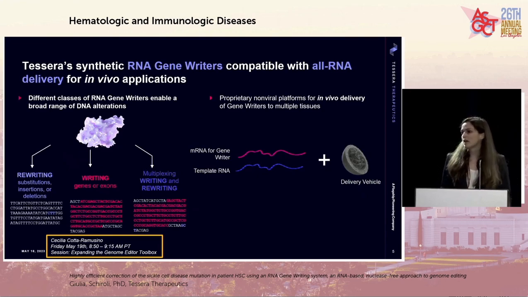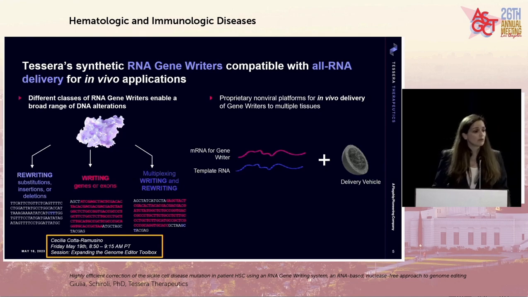Each of them has a different biochemistry, and they are able to introduce small point mutations, or some other platforms are even able to integrate much larger transgene cassettes. And I highly invite you to the talk of Giulia tomorrow for a much more in-depth presentation of all the different types of RNA gene writing system that Tessera is developing.